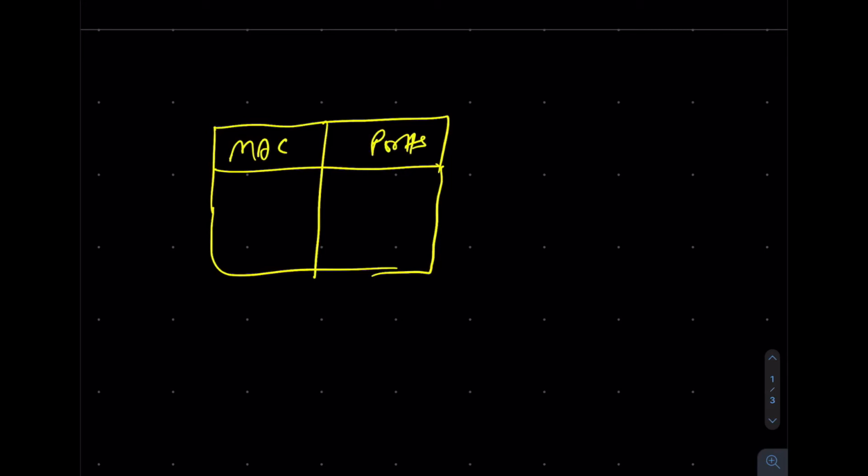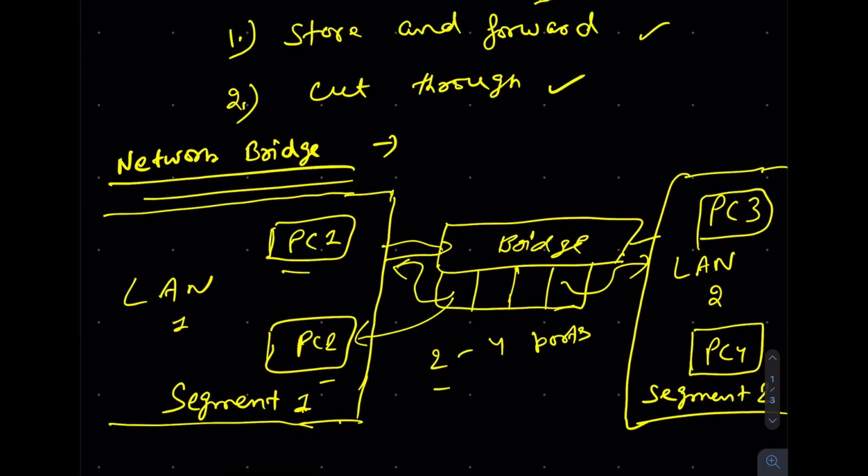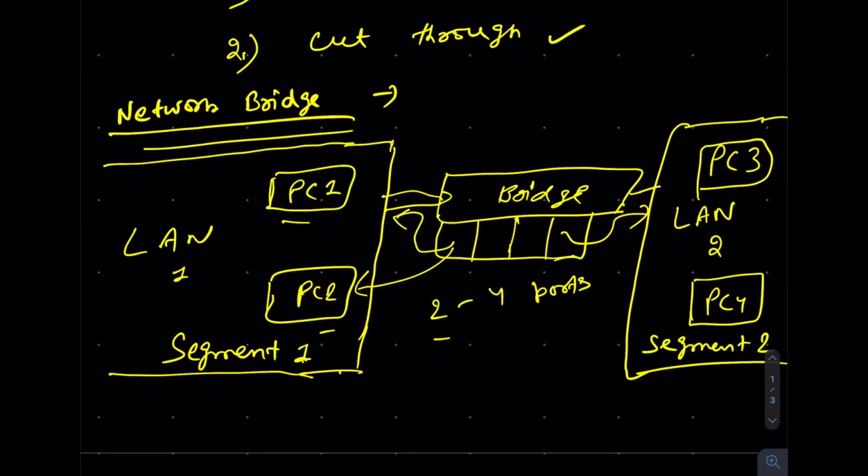A bridge also does the same bridging, we can say. It maintains a table, the same as a layer 2 switch, and it will also do learning.